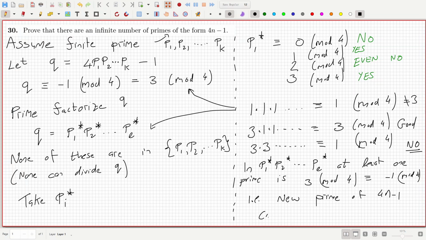So that's the contradiction, I think. I think that's okay. I'm not 100% confident about this one. It's similar to the last one anyways.